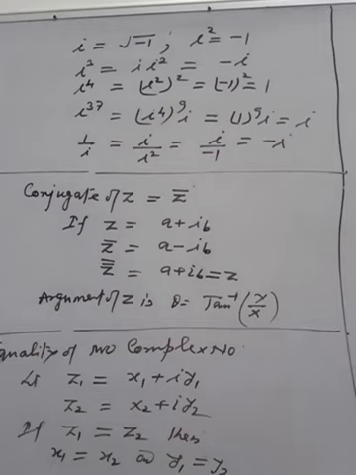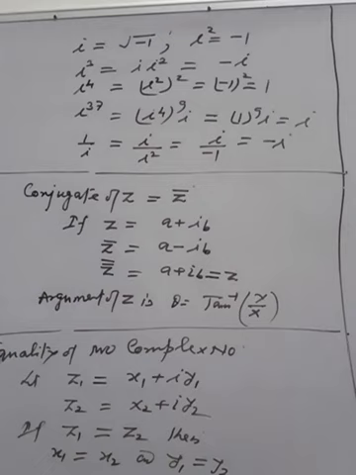Conjugate is represented by z bar. If z is equal to, you can take for example, z is equal to a plus ib, then its conjugate, z bar, is equal to a minus ib. Means when you find the conjugate of z, only change the sign of the imaginary part. Remember here, only you will change the sign of imaginary. Again double bar means conjugate of conjugate.